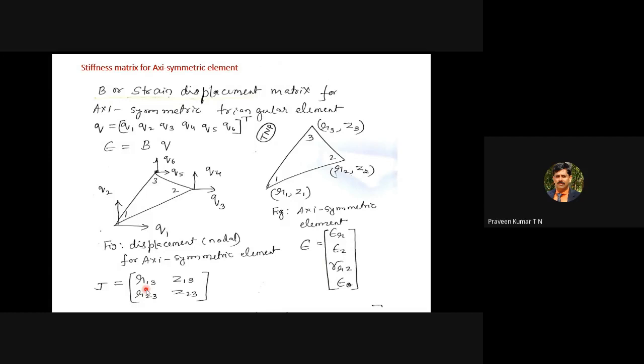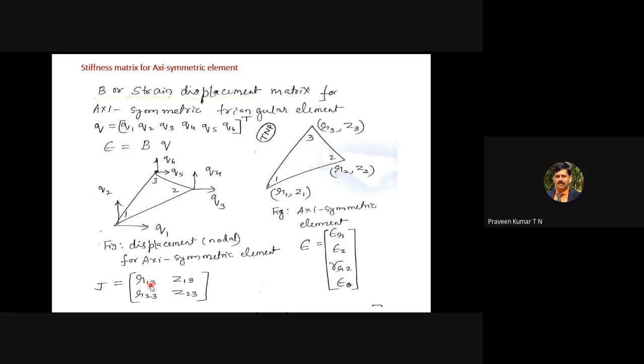In such cases, to map from natural coordinate to global coordinate, we require one more mapping matrix, referred to as the Jacobian matrix. The Jacobian matrix is studied in mathematics, but in finite element analysis, to map from global coordinate to local coordinate or local to global coordinate, you use the Jacobian.